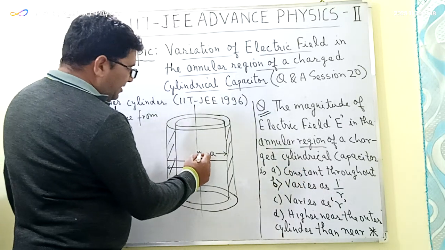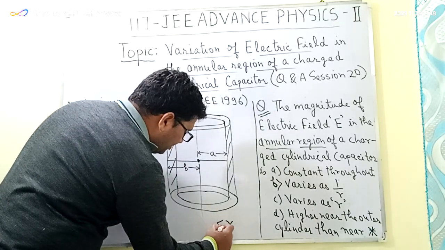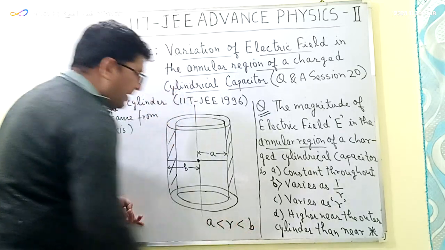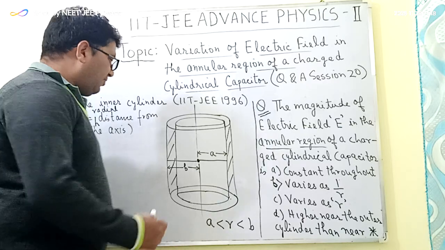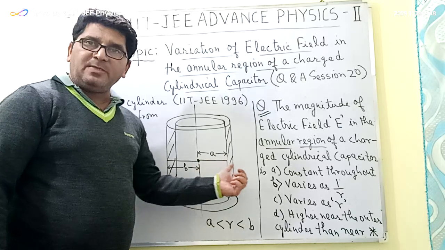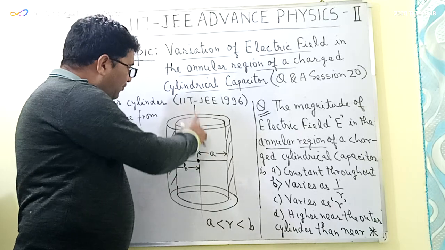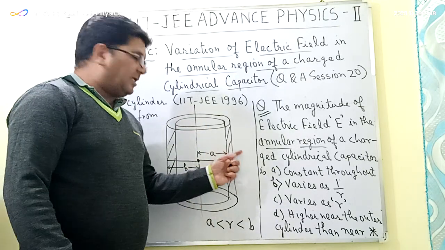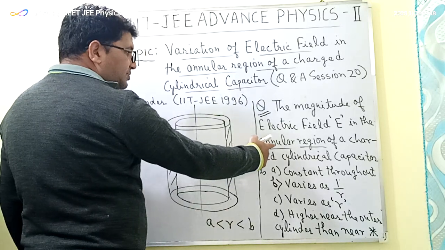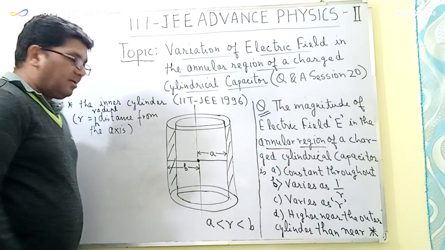Here, the inner radius is equal to A and the outer radius is equal to B. So the annular region is a region in which r is greater than A and less than B, where r is the radial distance of any point from the axis of the cylindrical capacitor. In the case of this annular region, the point will be lying between A and B.